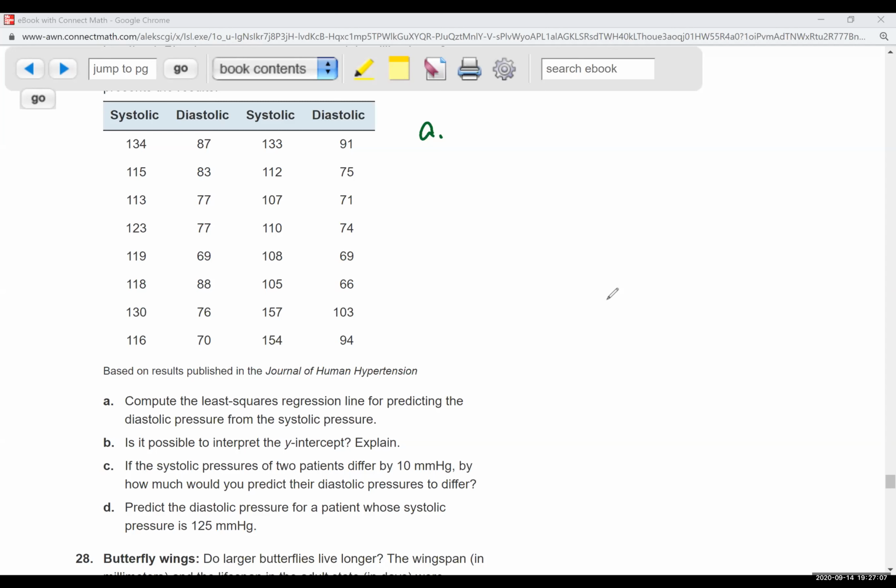So we need it in the form of y is equal to a plus bx. So this is the hint. Pay attention to the question. So let's say compute, this is the hint, compute the least squares regression line, meaning we need the answer in this form, y is equal to a plus bx.